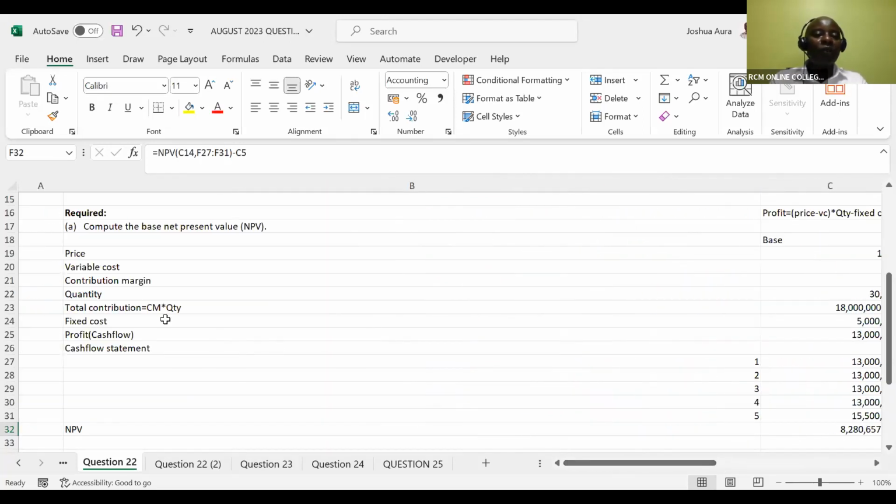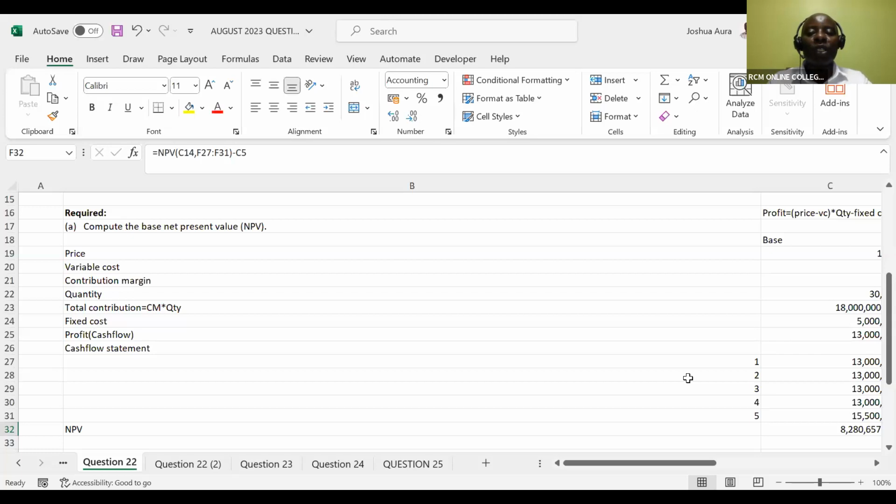The next one, after quantity, is the fixed cost. Is fixed cost going to change? Let's see what they have told us will not change. Yes, it will change. Because remember, they have told us it's only WACC and the number of years that will not change. So fixed cost is the last one here. It's an expense. An expense, when it is varied adversely, it means it increases.